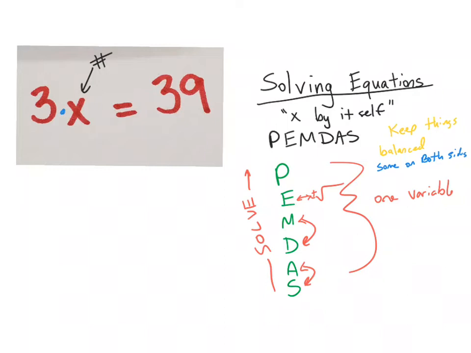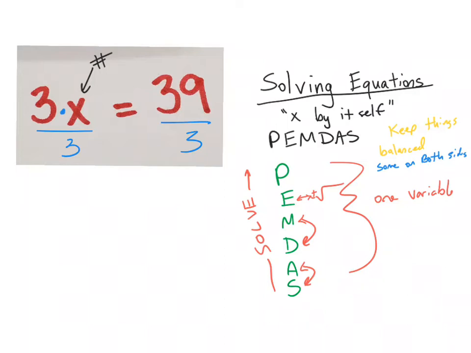So I look up here, and I see that all I have is 3 times x, which is multiplication. So I check my arrow: to get rid of multiplication, divide. That means I'm just going to divide by 3 on both sides. 3 divided by 3 is 1. You want to make the number go to 1 if it's with the x, or 0 if it's added or subtracted.